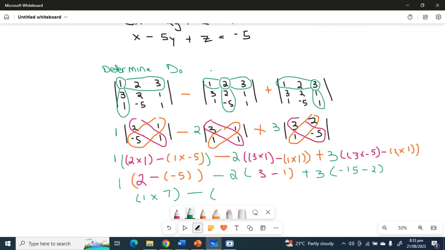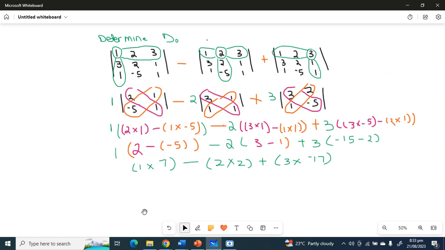So we're going to say this 2 here multiplied by this 2, minus 2 times 2, plus -15 minus 2, that's -17. So we're going to say 3 times -17. Let's get our calculators. 1 times 7 is 7, minus 2 times 2, that is 4, and 3 times -17.